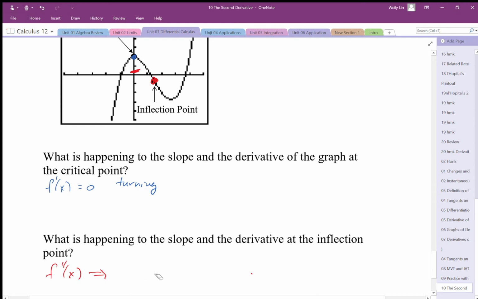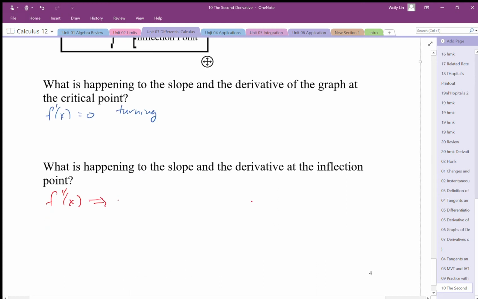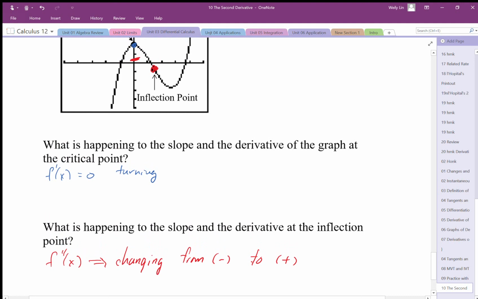Let me just write that a little bit nicer. Changing from negative to positive. Okay, so we can see that that curvature is going from what we call concave down to concave up. Okay, well, we're going to investigate this more as we move along, but generally that's something we're going to relate the second derivative to. The second derivative relates to curvature.